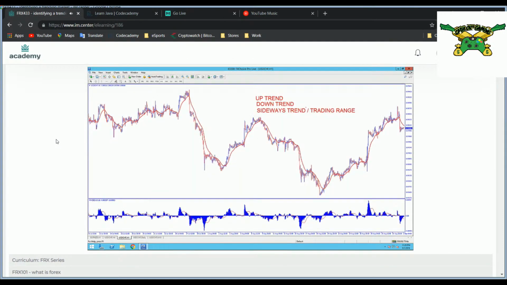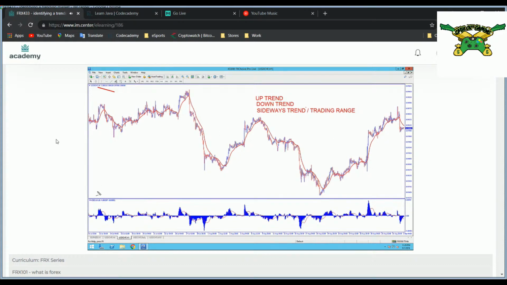When trading Forex, we have to learn first about the type of trend we are in. For instance, we are looking at a chart of the USD CHF right here, and we will observe the types of trends. Now, I'm going to draw this out.